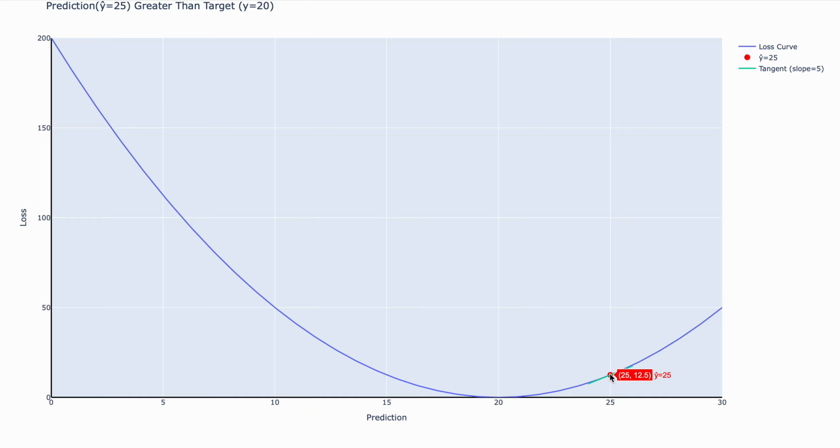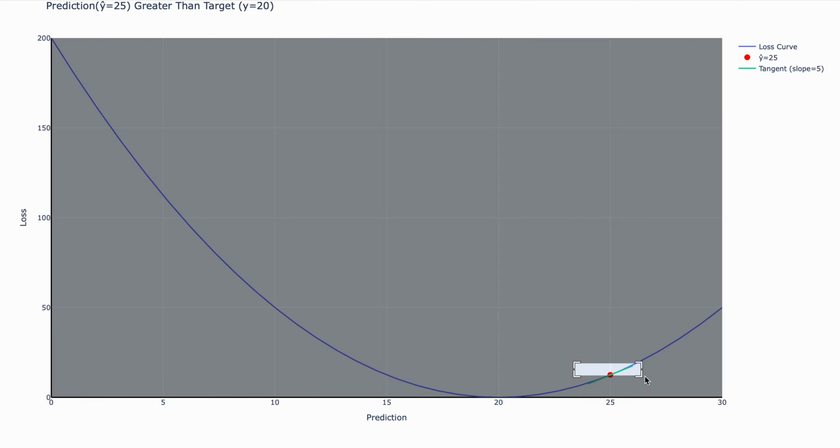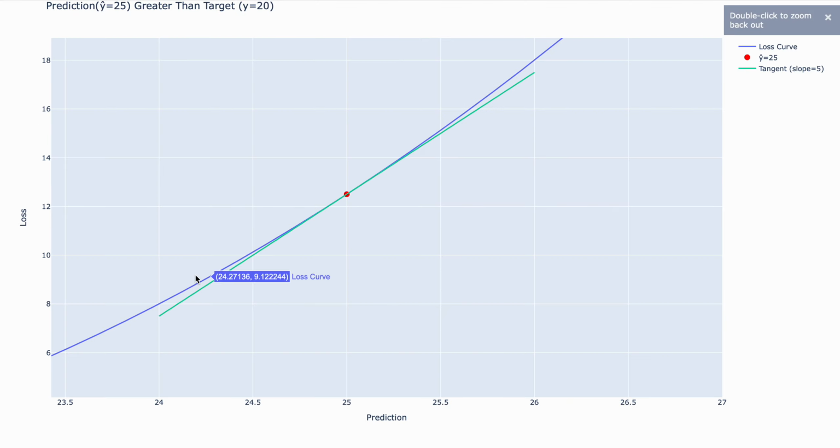Now, let's verify that. Right now, the loss is 12.5, and the prediction is 25. Okay, let's try to zoom in here. If we reach 24, as you can see, we've reached 24. When our prediction is 24, the loss is 7.5.